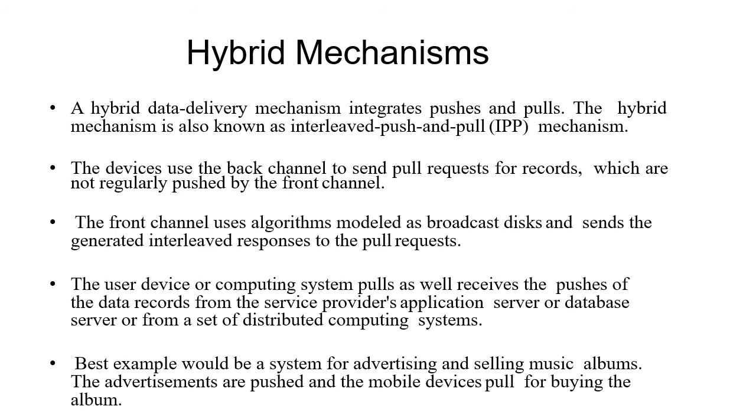Once it is received, only the few people who really want to listen to that particular album will be requesting the download, right? That is nothing but pull. Only certain mobile devices pull it, but pushing is happening to all the devices. So this is the best example of the hybrid mechanism. The advertisements are pushed onto the mobile devices and pull is for buying the album. Both pushing and pulling are happening.